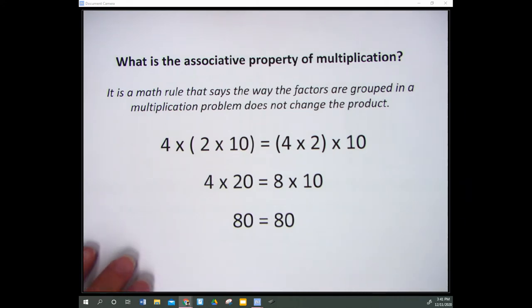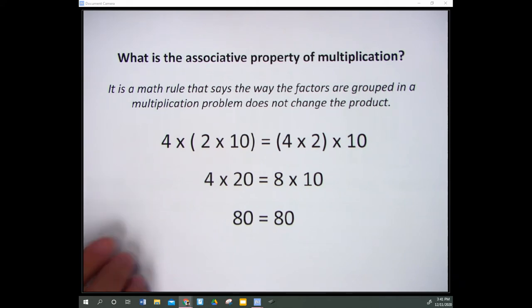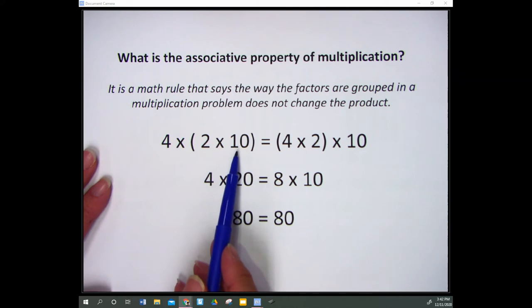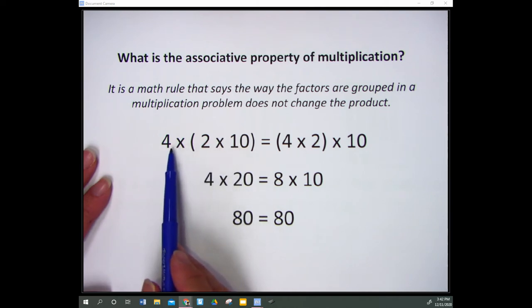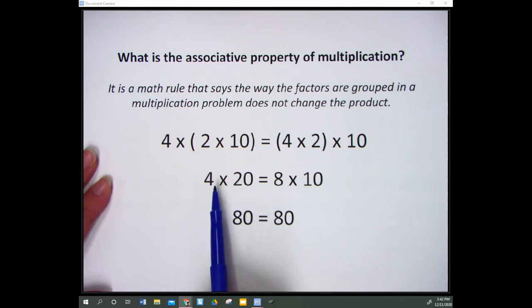What we're going to use is something called the associative property of multiplication. It's just a math rule that says that the way the factors are grouped in a multiplication problem does not change the product. For example, if I wanted to find out what 4 times 2 times 10 is, I could multiply the 2 times 10 first, that would be 20, and then multiply that by 4. 4 times 20 would be 80.